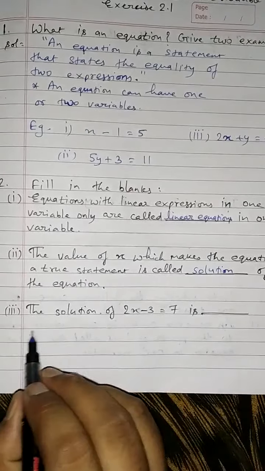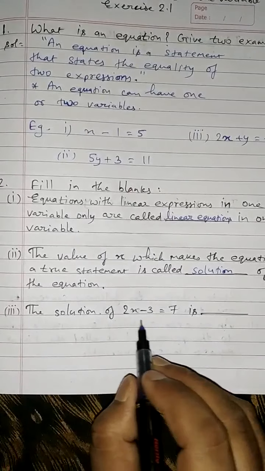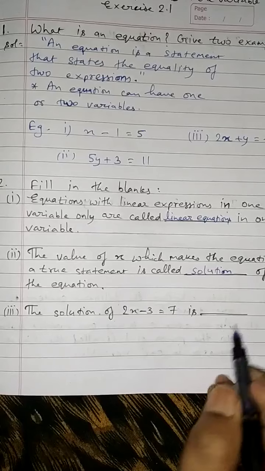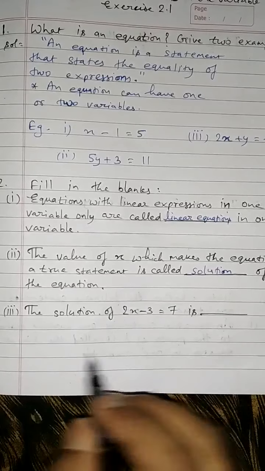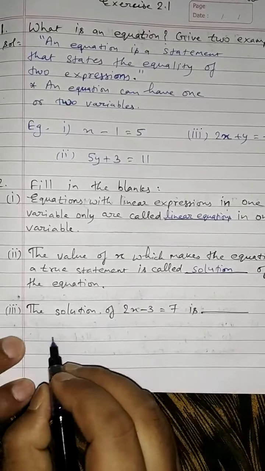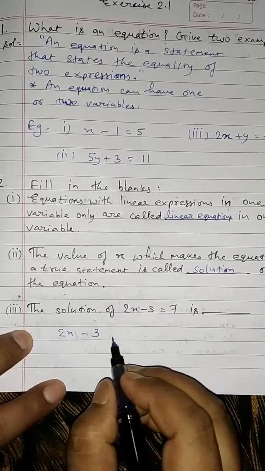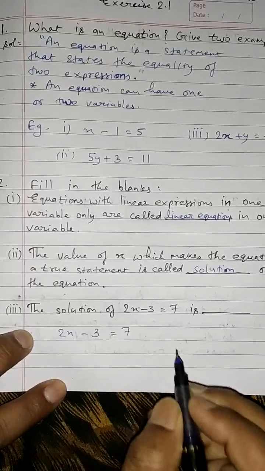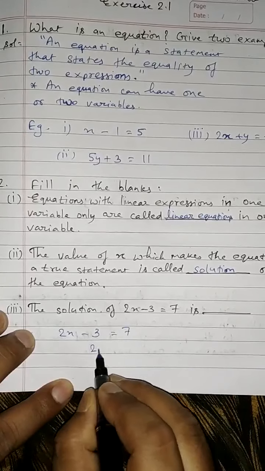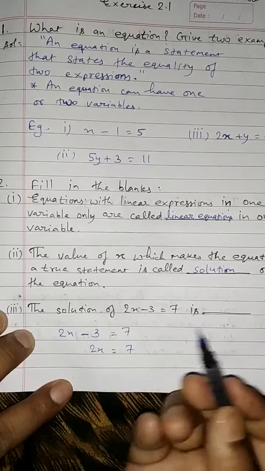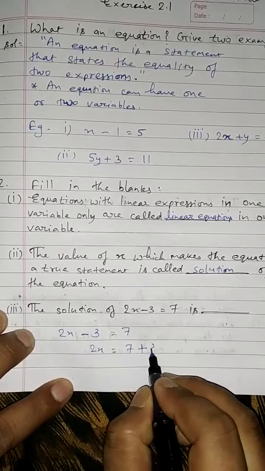Next is third part, the solution of 2x minus 3 equals to 7 is. So let us find the value of x here. So this is the expression: 2x minus 3 is equal to 7. This minus 3 when goes to right side changes its sign.